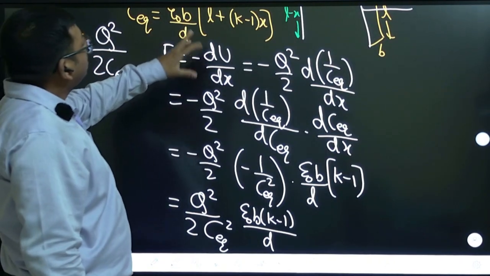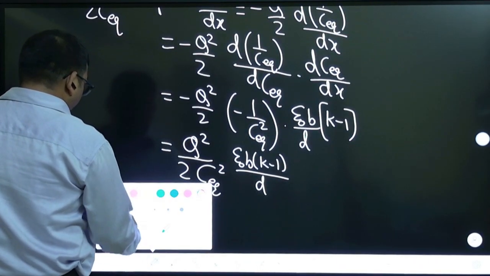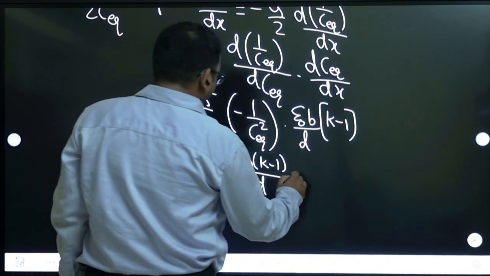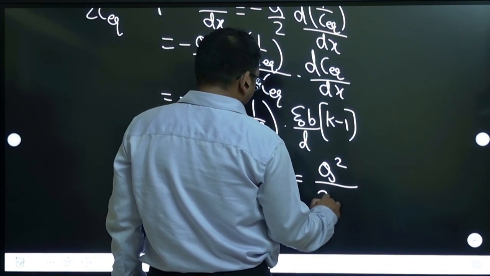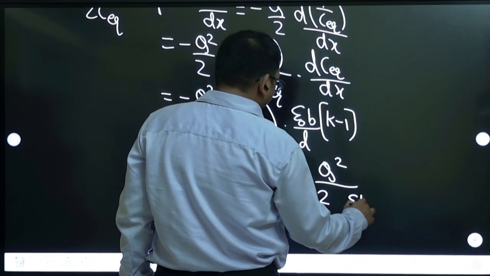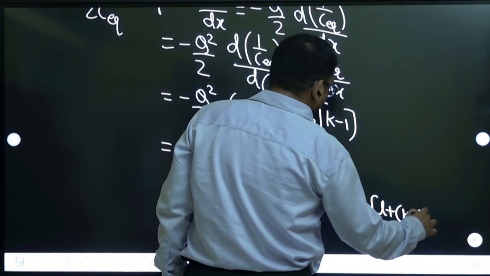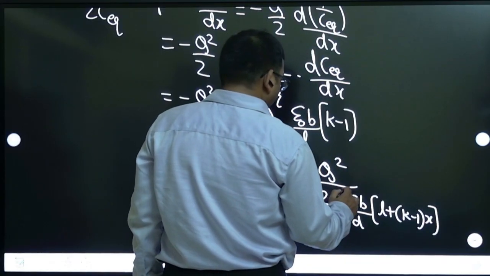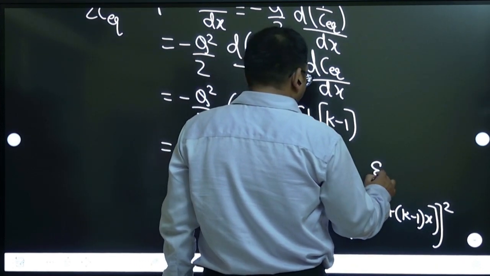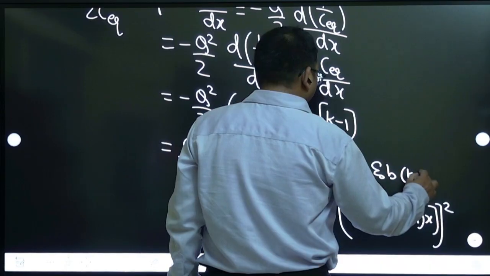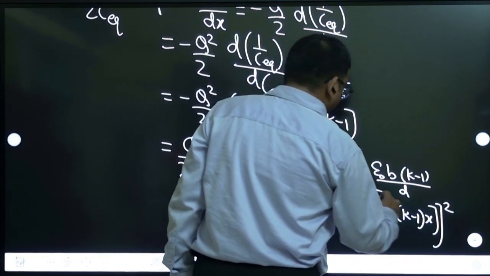If you want, write it one step just to show how complex this formula looks. So Q square by 2, C equivalent is epsilon naught B by d, L plus K minus 1 times x. This whole square is in the denominator, multiplied by epsilon naught B by d times K minus 1.